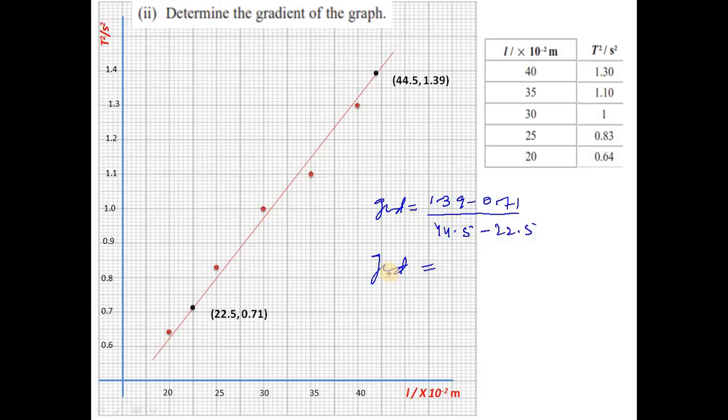And the gradient will be, yeah, there is one important point. Don't forget to put 10 to the power minus 2 in the x coordinates. So this is times 10 to the power minus 2.